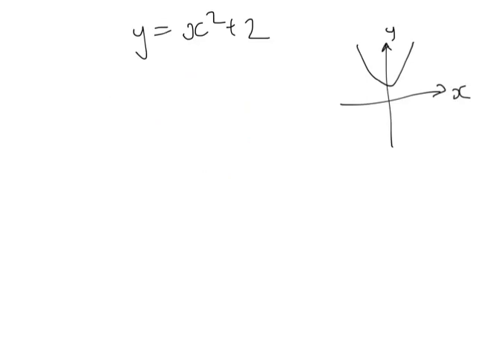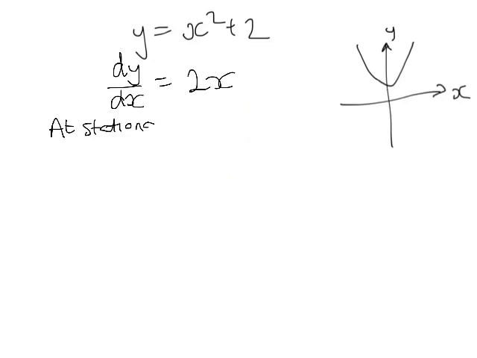But we're going to look at how to do this through differentiation. So the gradient function of this curve, dy/dx, is going to be equal to 2x. And as we said before, at stationary points, our gradient function dy/dx is equal to 0.